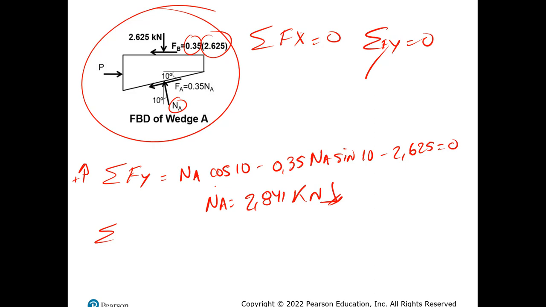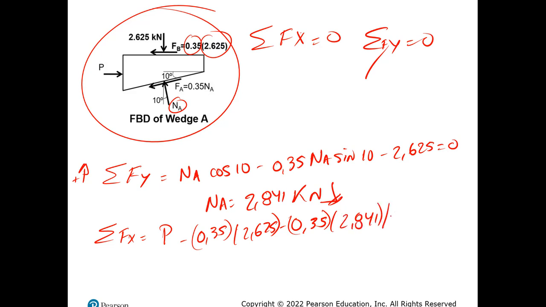Now I'll do the same. I will take this value into the following calculations. So sum of forces in the x direction will be equal to P, which is what I'm calculating, minus 0.35 that multiplies 2.625, which is the normal, minus 0.35, which is mu, and multiplies the normal that we just calculated, obviously its component, so cosine of 10, and then minus 2.841 sine of 10, and this is equal to 0.